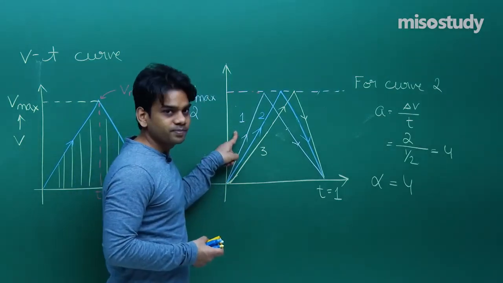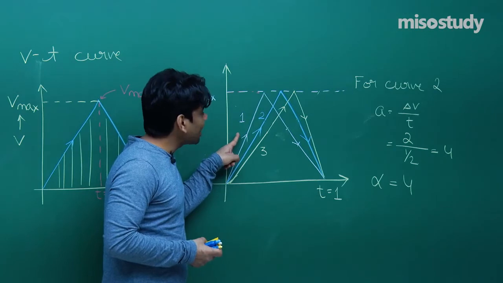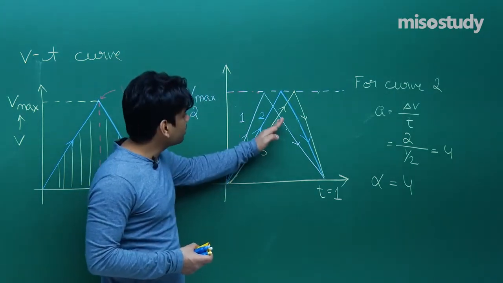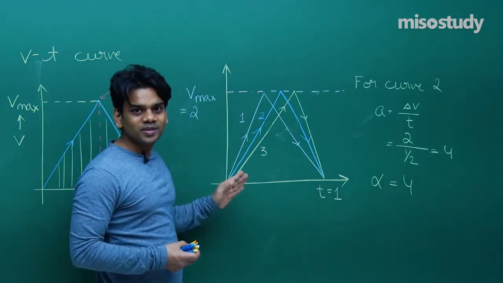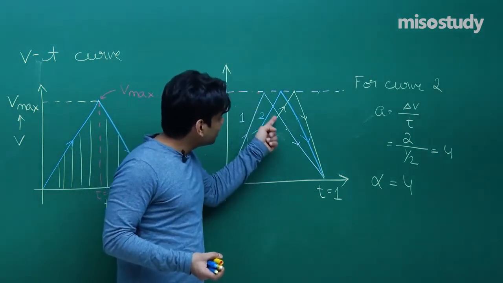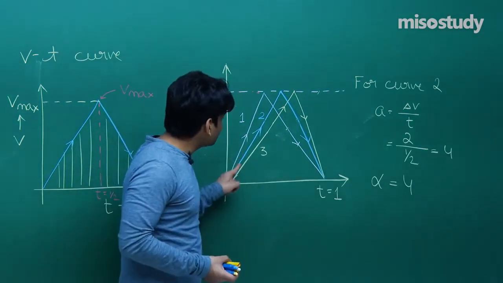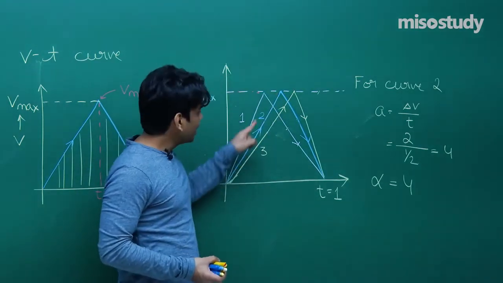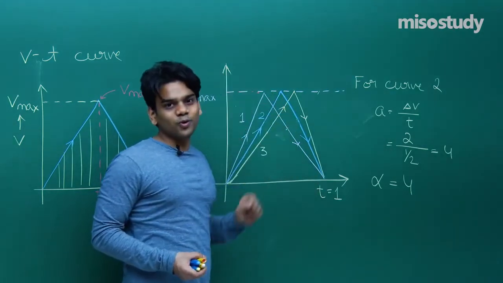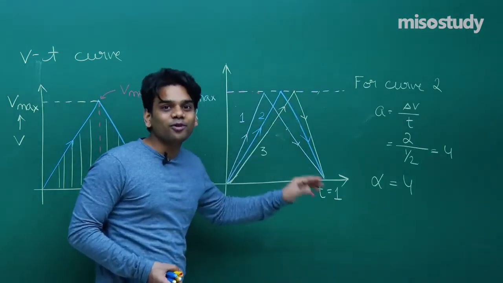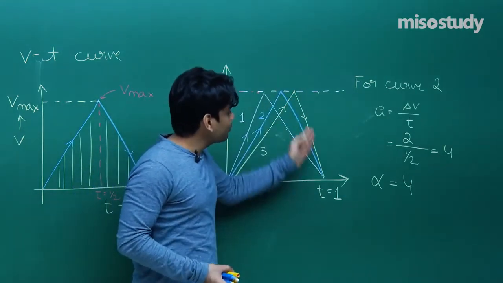For case 1, the body has an acceleration that is greater than 4, because the curve has more slope here. Acceleration will be more, and here the deceleration will be less than 4. For curve number 2, the acceleration will be 4 and retardation will also be 4. For curve number 3, acceleration will be less than 4 and retardation will be more than 4.